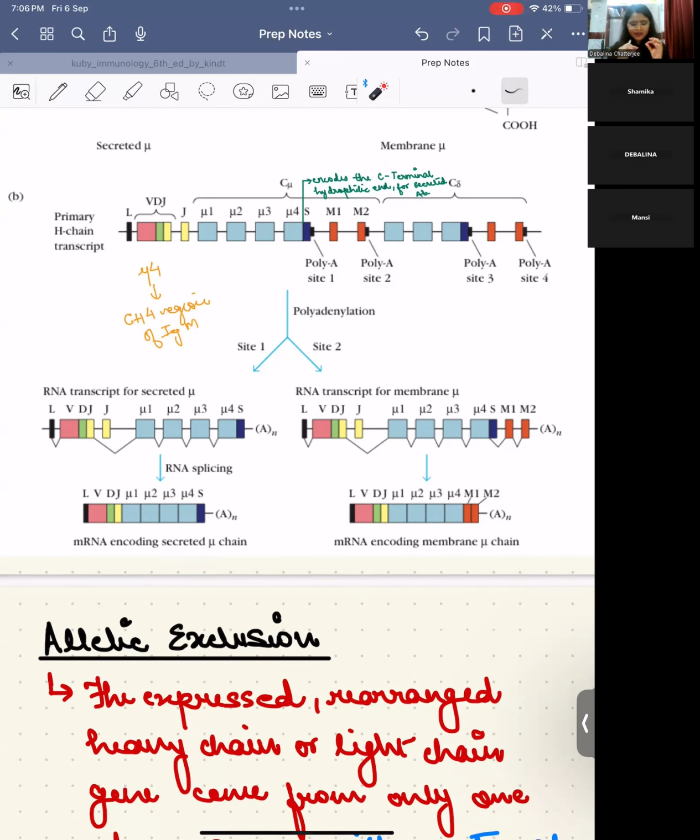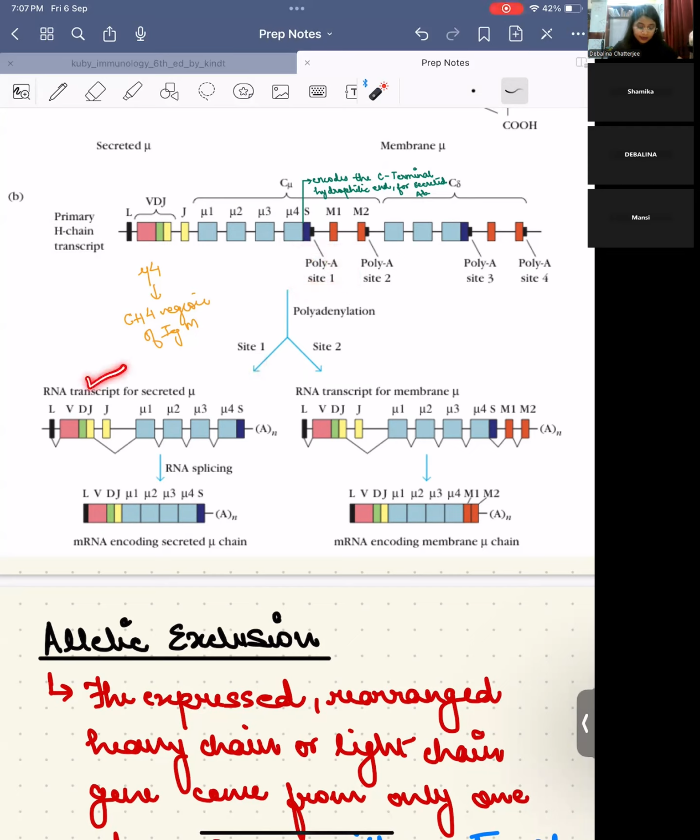The amino acids encoded by this M1 and M2 stretch are hydrophobic amino acid residues. Now, while this primary transcript is being transcribed, you can have the poly A added. So this poly A site could be picked up while the processing is happening.